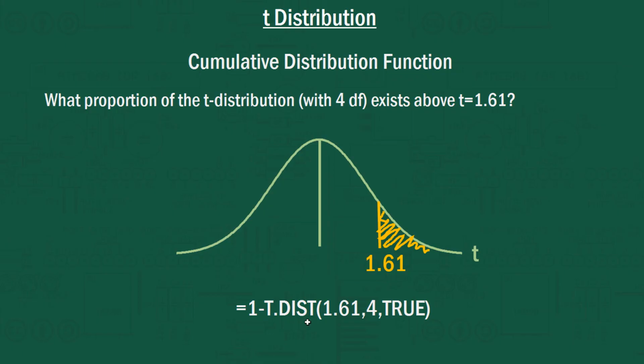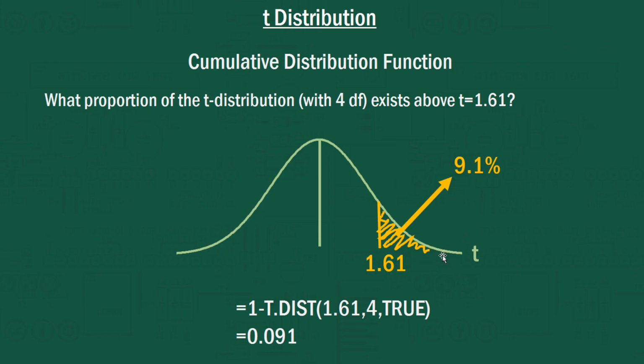And the way we can do that is by going 1 minus t.dist, because don't forget, t.dist gives you the area to the left of a particular point. So 1 minus t.dist, providing it with 1.61 and telling it 4 degrees of freedom. True tells Excel that we're after the CDF. And it gives us the answer 0.091, indicating that there's 9.1% of the distribution above this point.